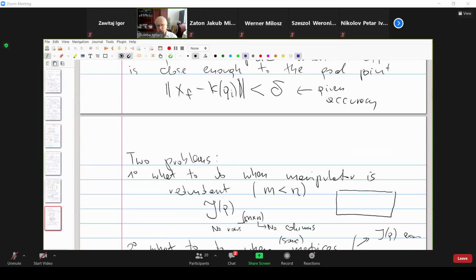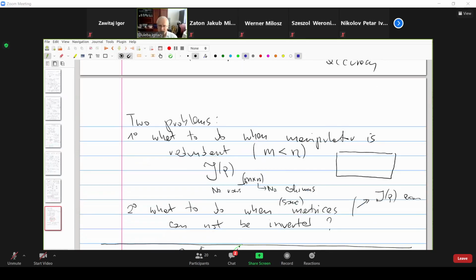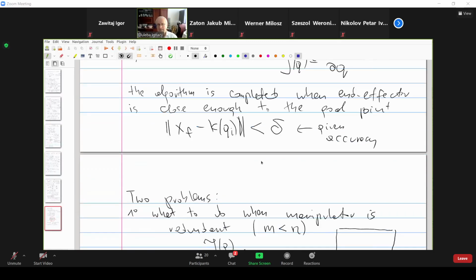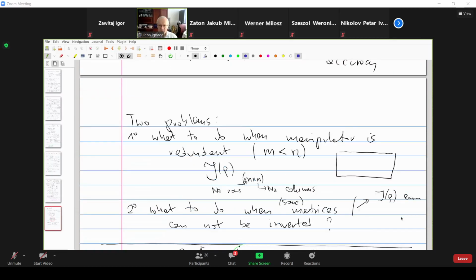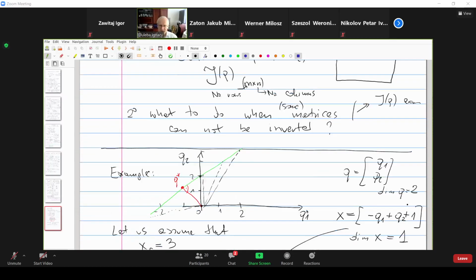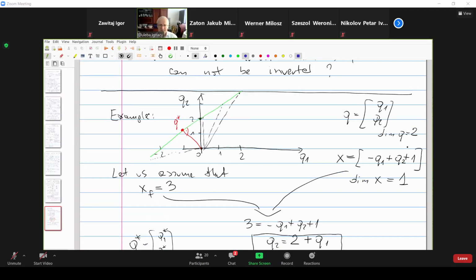Unfortunately, we have two problems. The first problem is what to do when the manipulator is redundant. So the Jacobi matrix isn't a square matrix, but it is rectangular, and we cannot directly invert this matrix. And what to do when matrices, I mean the Jacobi matrix or the other manipulability matrix, cannot be inverted.